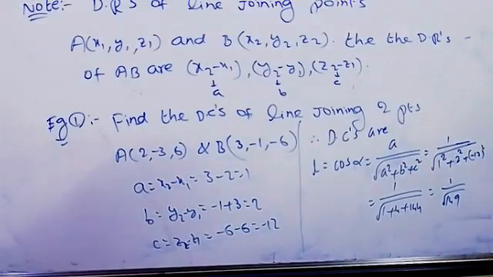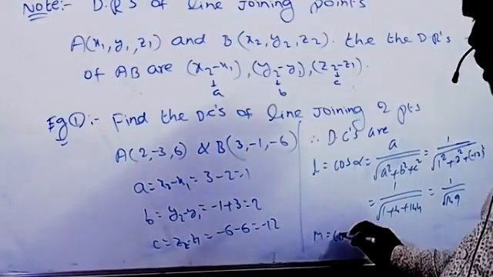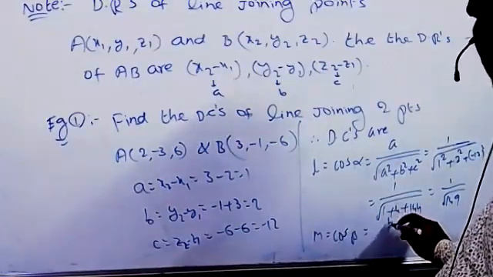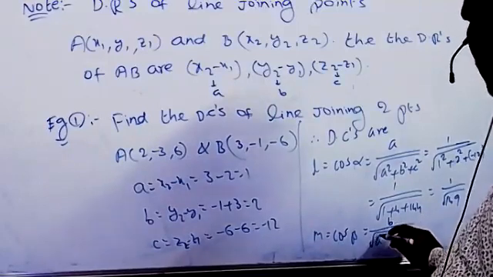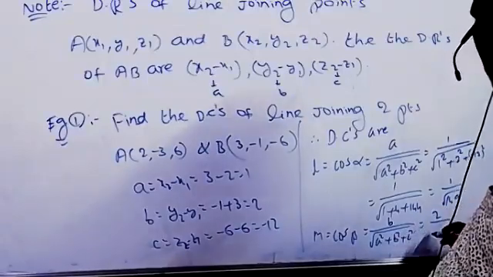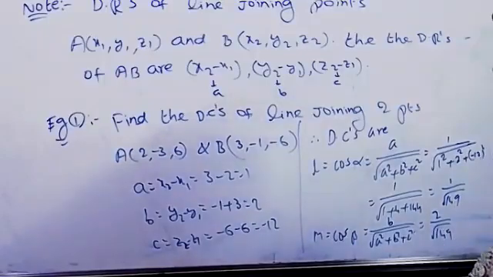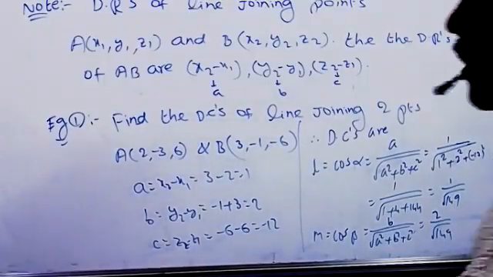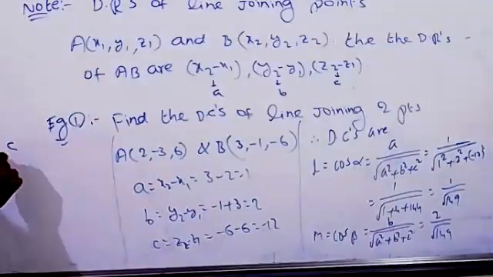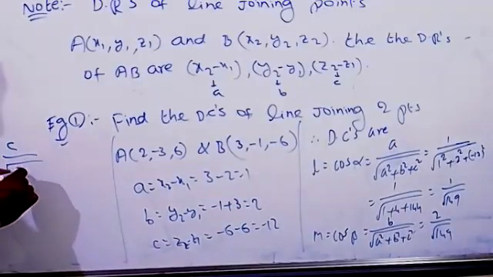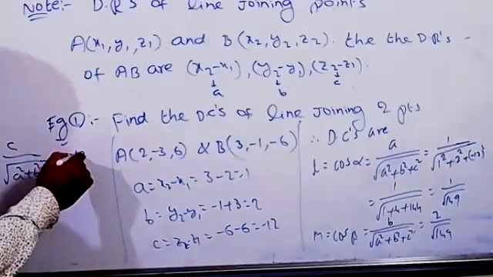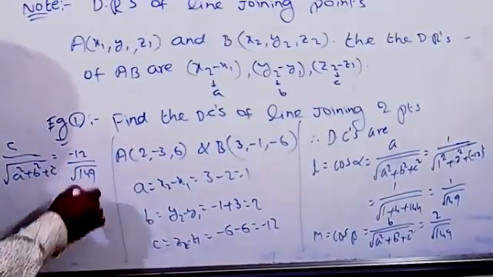Next, similarly, you can find the second one. M, or cos beta, with the same formula: B by root of A square plus B square plus C square, and the value of B is 2, so 2 by root of 149. Similarly, we can find the value of N. N equals C by root of A square plus B square plus C square, and the value of C is minus 12, so minus 12 by root of 149.